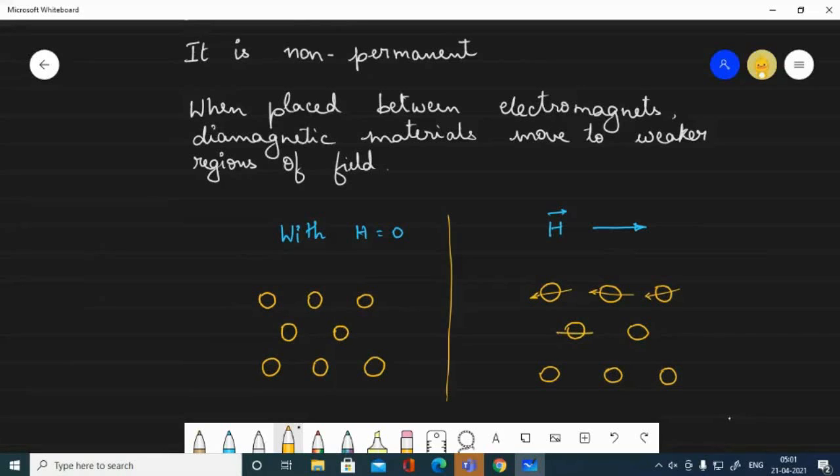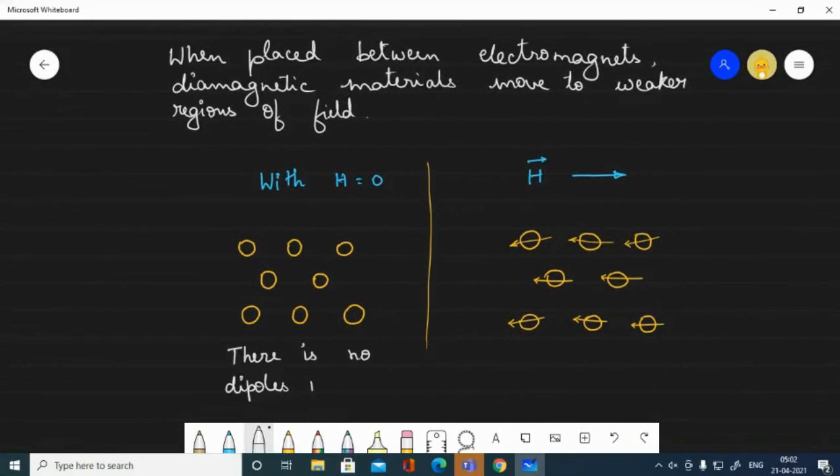And the dipole moment induced is small. The dipoles are aligned in the direction opposite to the applied field.